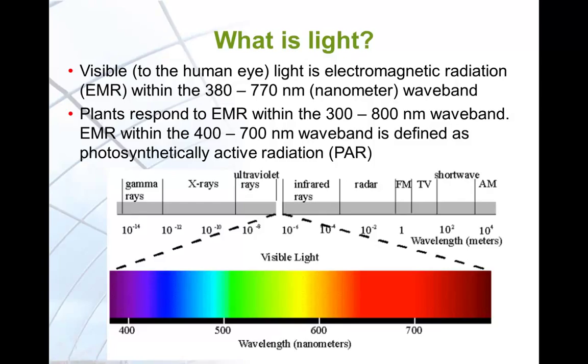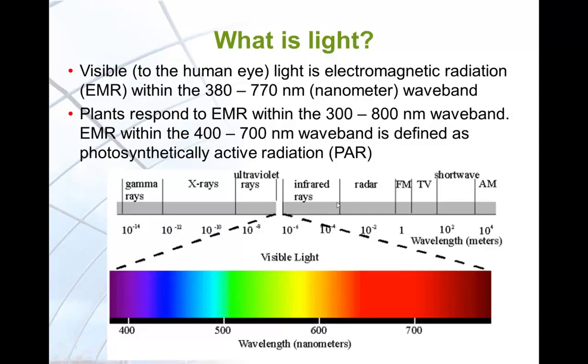So the diagram below is showing the wavebands and also the names of the electromagnetic radiation. And then you can see that visible light is sandwiched between ultraviolet radiation and infrared radiation.